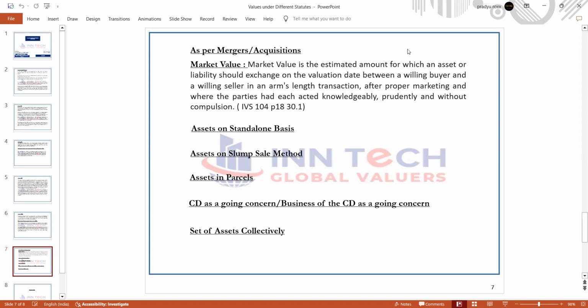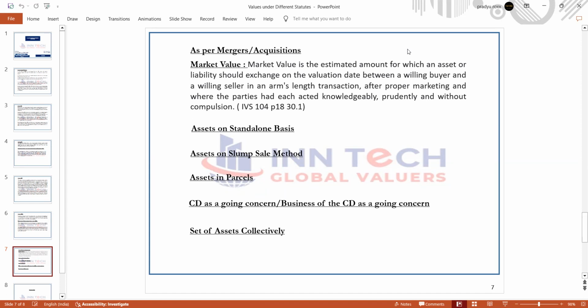If he is able to do that, will the maximization happen? Or if that corporate debtor has to be removed and the business will be taken over by some other person, or the assets are sold in entirety on a collective basis? See, some assets will be yielding a lower value, some assets will be yielding a higher value.